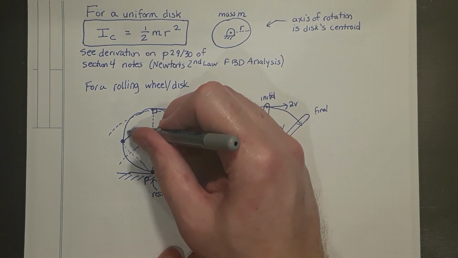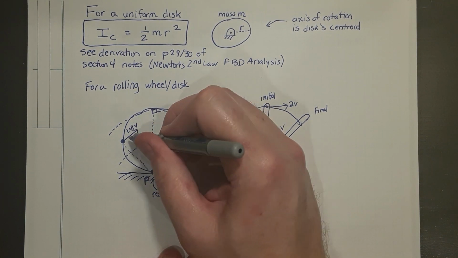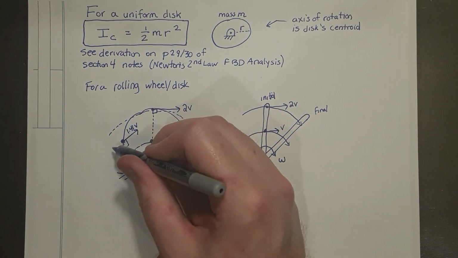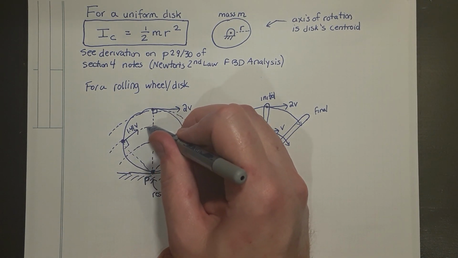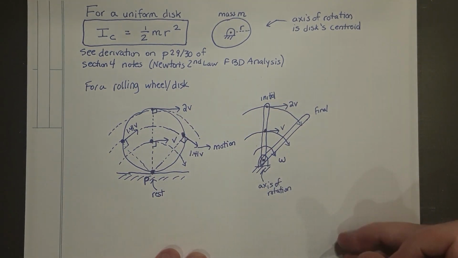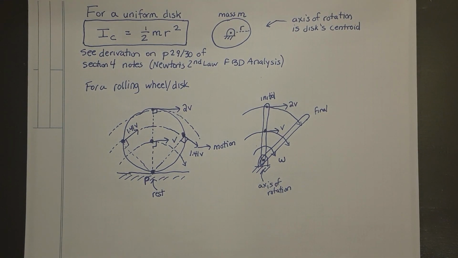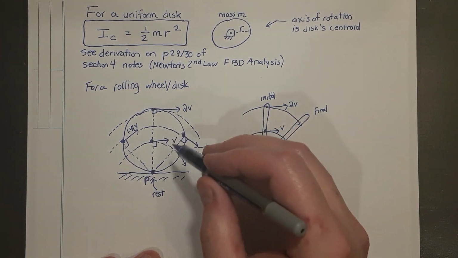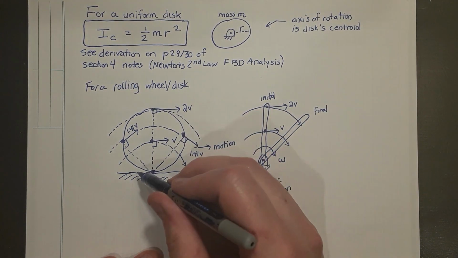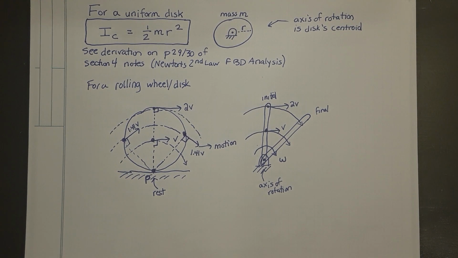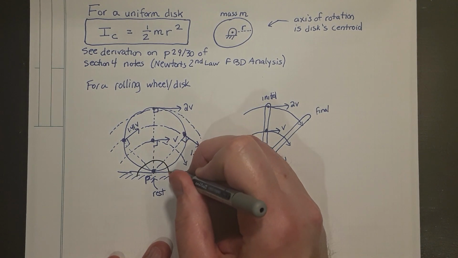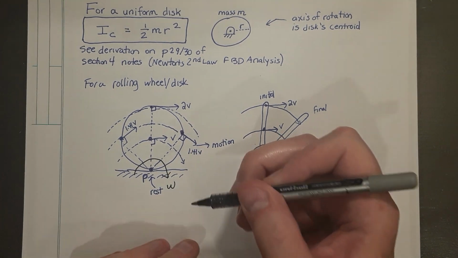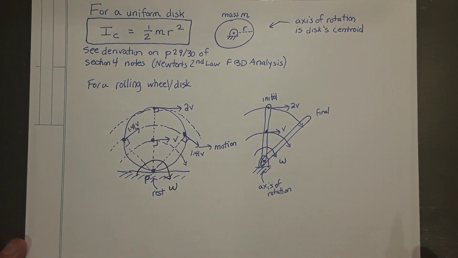And here we'll have exactly the same thing, 1.41 v, at a 90-degree angle to the radius vector. All of these points on the object exhibit the same type of rotation. They exhibit an angular velocity omega, which in this case is clockwise, around axis P.